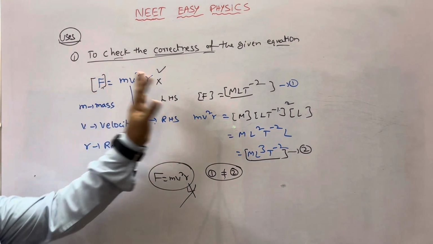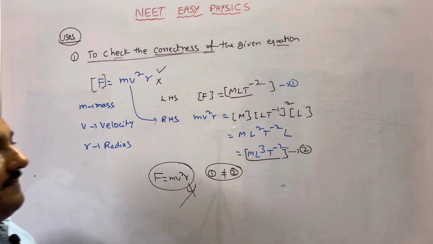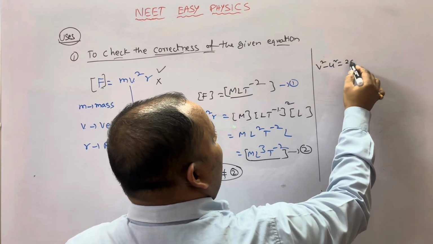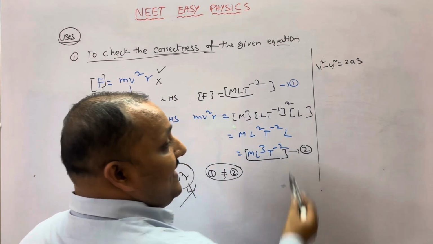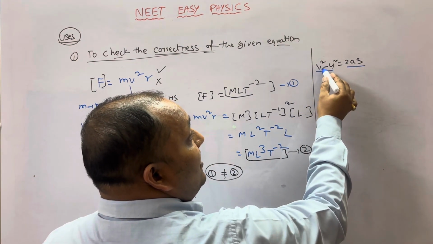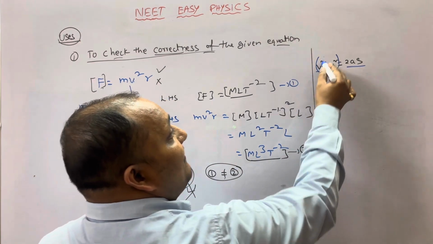Like this, for any number of equations given, we can check whether those equations are correct or wrong. So let us assume v square minus u square equal to 2as. Now see here, in between these two there is a minus. So LHS should be equal to RHS, and you should not subtract the dimensions. Here v square minus u square means dimension of velocity square.